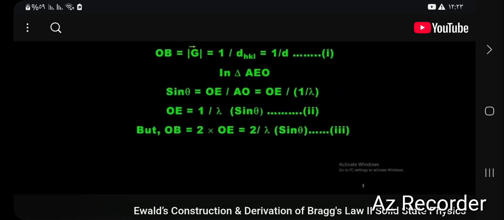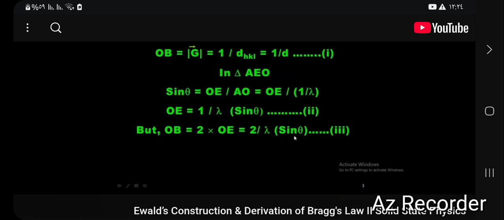Now OB is twice OE, and OE is 1 by lambda into sine theta. So OB would be 2 by lambda into sine theta.